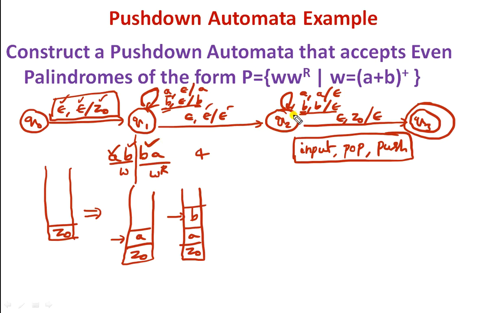So Q2 on B, what is the transition? B or epsilon. So what is B? The symbol to be popped is B. So compare whether the top of the element consists of B or not. Yes, the top of the element consists of B. So now you can pop B, and in place of push, what is there? Epsilon. So nothing should be pushed.